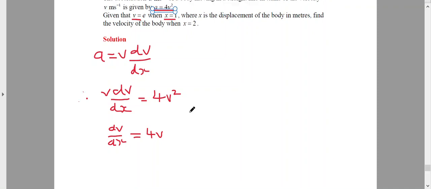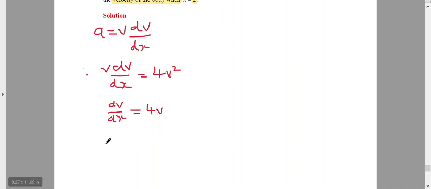Now the question is asking us to find the velocity of the body when x equals 2. So I actually want an expression for v, which means I need to integrate. I've got dv dx, and I will need to integrate to get an expression for v. But carefully looking at this differential equation, I'm going to have to flip it to be able to do that.